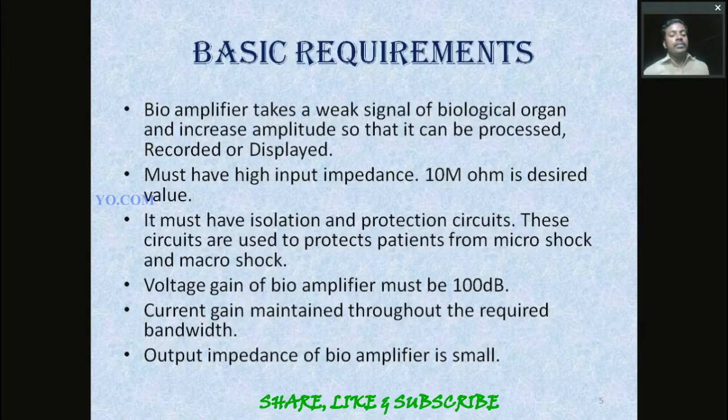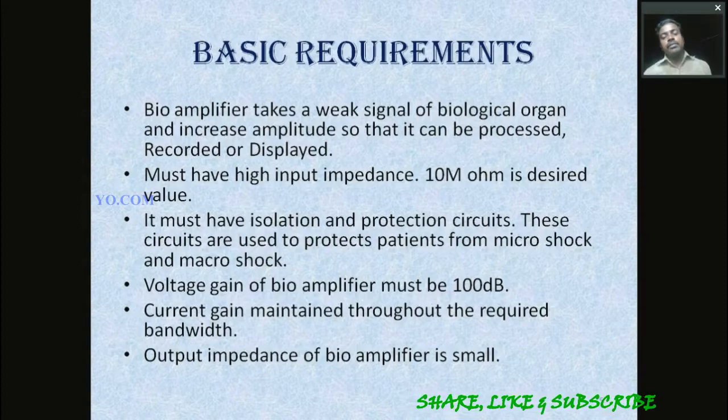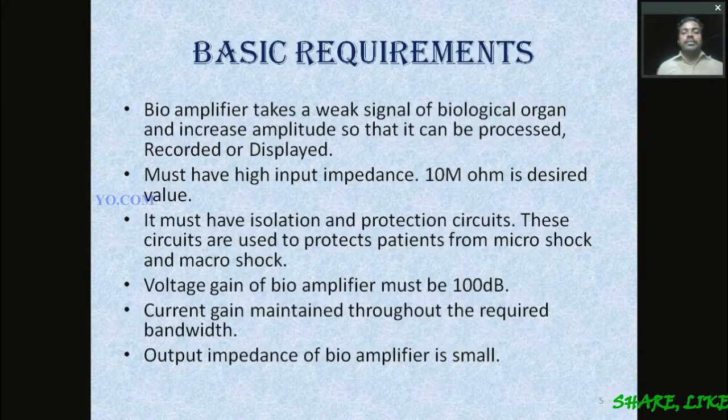Why do we need high input impedance? High input impedance means higher resistance. Higher resistance resists electron flow, right? So the amplifier cannot take more current from the input side, because the electrodes generate an electric voltage based on the biological stimulation or signal that is very weak, in the range of millivolts.